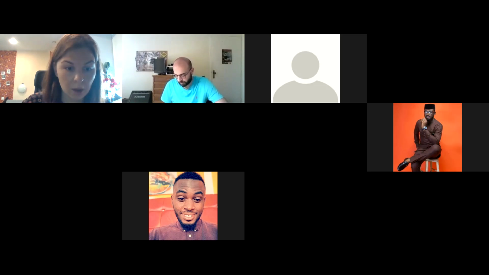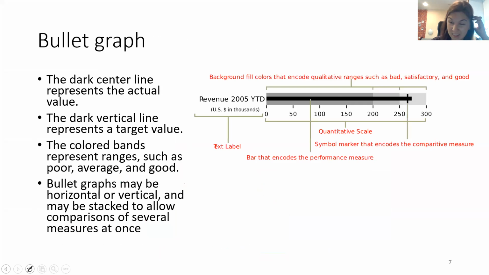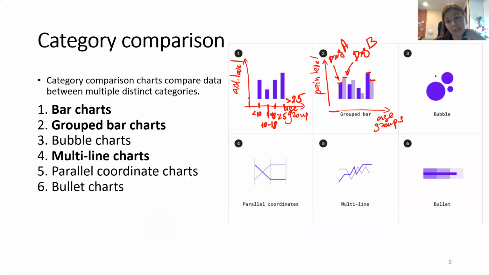Okay, we will continue talking about representation. So this is an example about bubble charts. I really like bubble charts, but they are good when you have some categories or comparable sizes of bubbles.